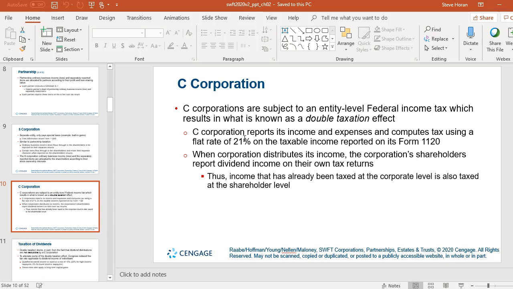The issue with C corps, good and bad. The bad is that they are double taxed. They're a separate taxable entity. So C corps themselves pay tax. They file a Form 1120. The federal tax rate on corporations is a flat tax of 21%. That's the federal amount.